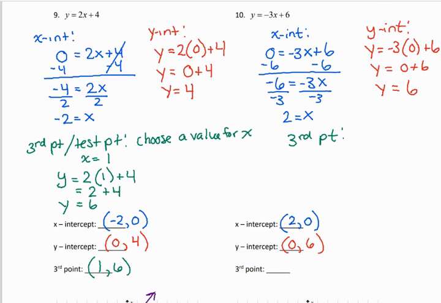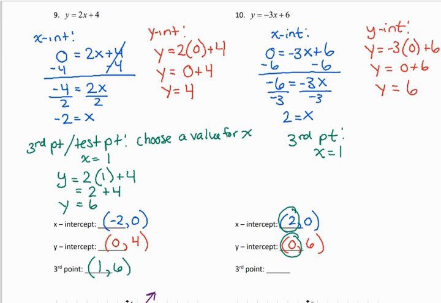I'm going to stick with 1 just because Tim has already told us that if we use -1, it goes off the graph anyways. So let's make life easier on ourselves and stick with choosing x equals 1. Notice here, guys, on the ones we've already found, we have a 2 and a 0 for x.